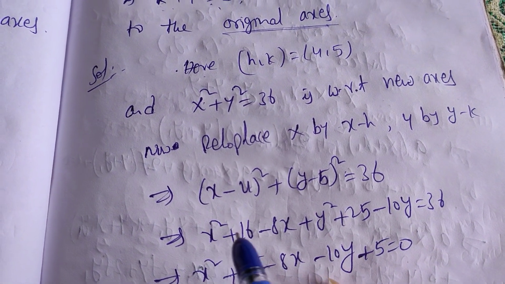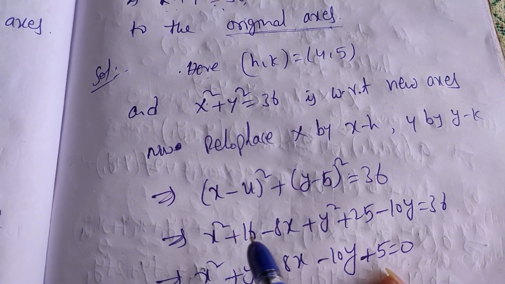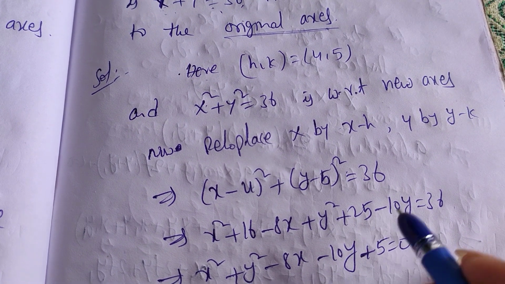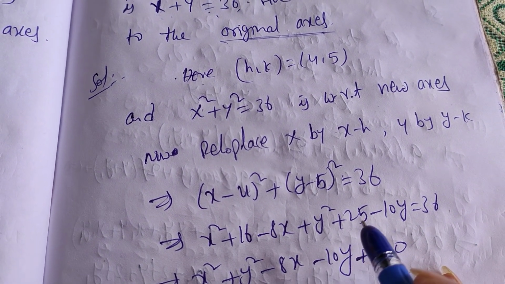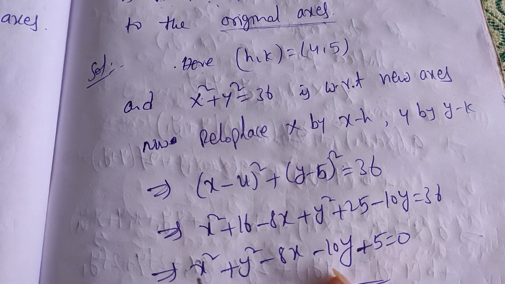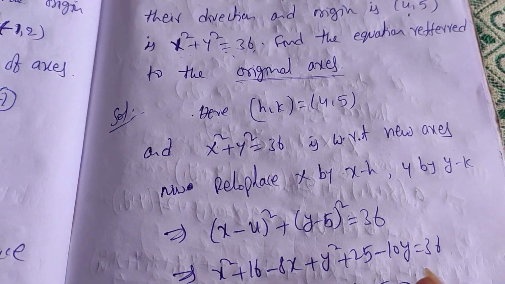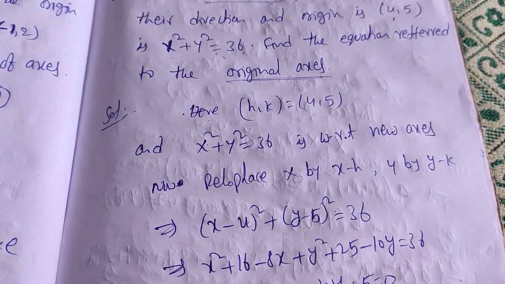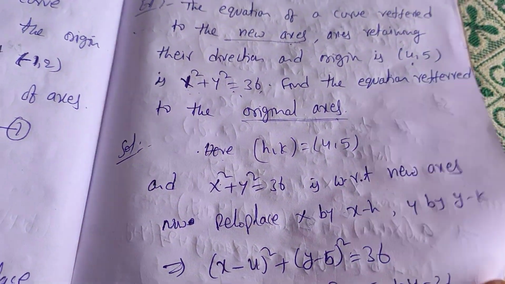So this is x square plus y square minus 8x minus 10y plus 16 plus 25 minus 36. 16 plus 25 is 41, minus 36 gives 5. So x square plus y square minus 8x minus 10y plus 5 is equal to 0. This is the original equation when the origin is shifted to 4 comma 5.